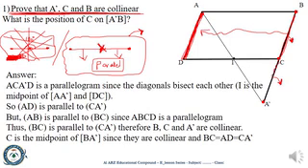And my objective is to prove that CA prime is parallel to BC. And as I said, the easiest way to do it is to prove that they are both parallel to the same line. So if CA prime is parallel to this one, AD, then BC and CA prime would be parallel to the same line AD.